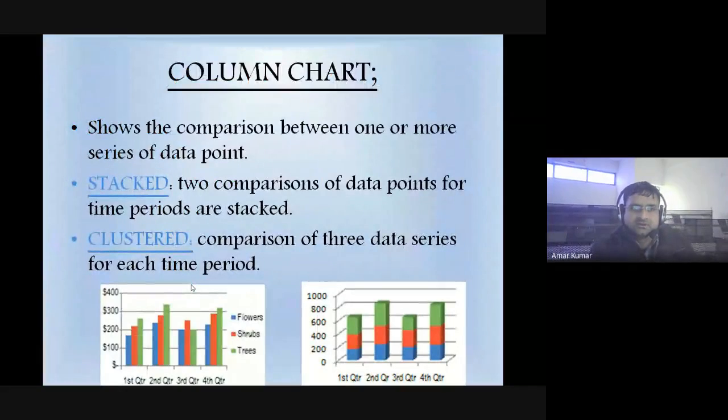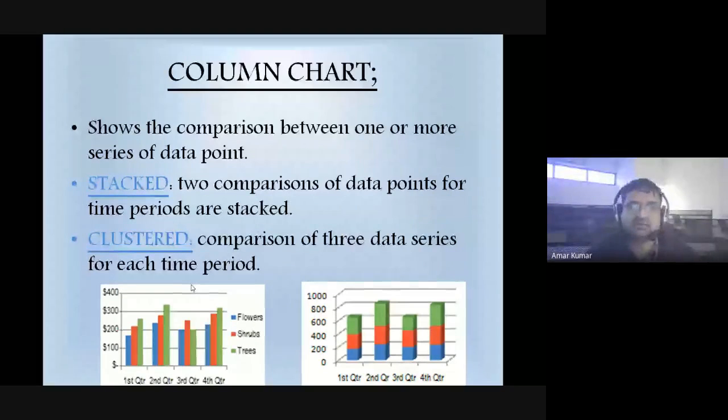Now, the first one is the column chart. Why do we use a column chart? For each and every chart in Excel, we should know about the data which we are going to represent in the form of a chart. Which type of data will have which type of chart, or for particular data you can use a column chart or line chart or any other chart.